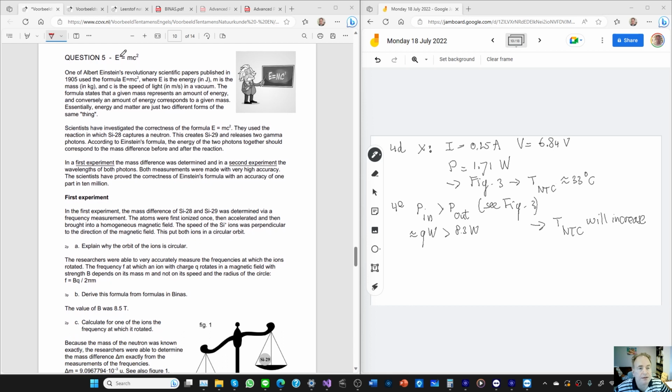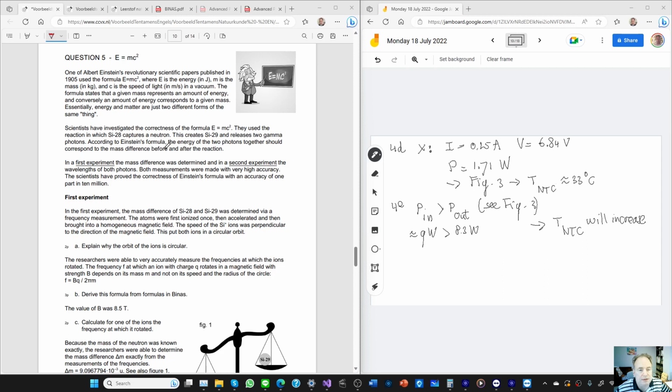Question 5, E equals mc squared. So this is the famous equation from Einstein that mass represents an amount of energy and vice versa. Scientists have investigated the correctness, and they used the reaction in which silicon-28 captures a neutron, and this creates silicon-29, so one nucleon more, and releases 2 gamma photons.